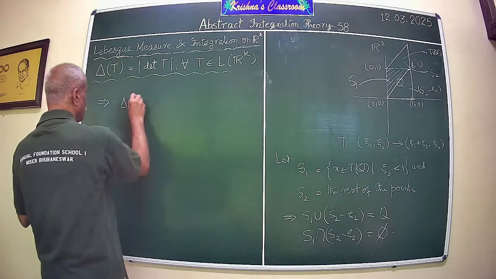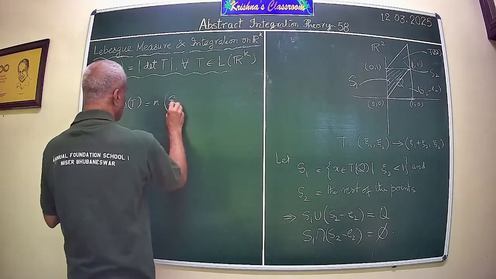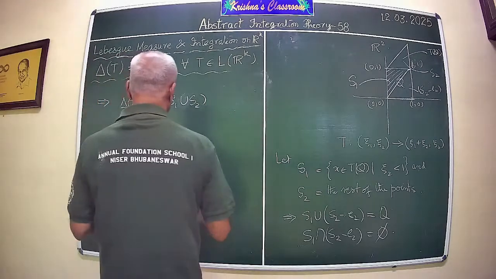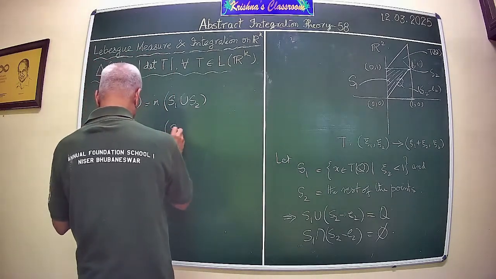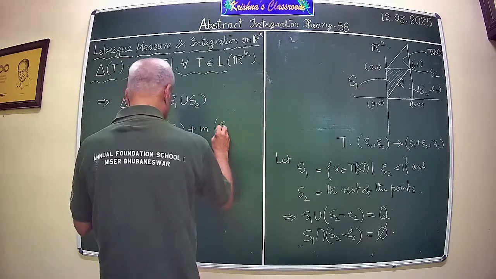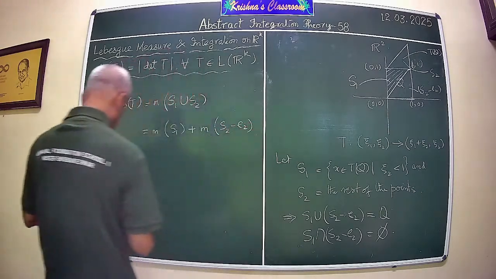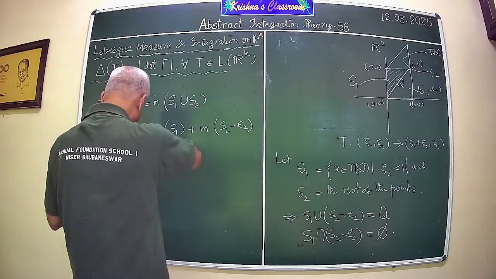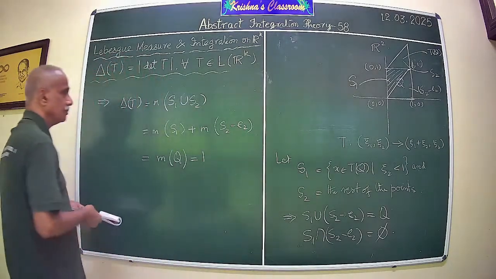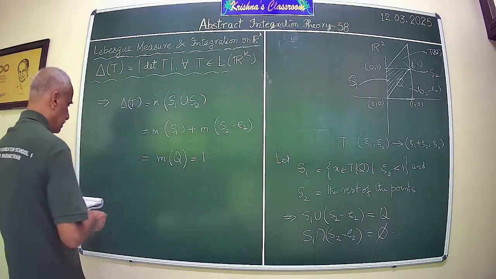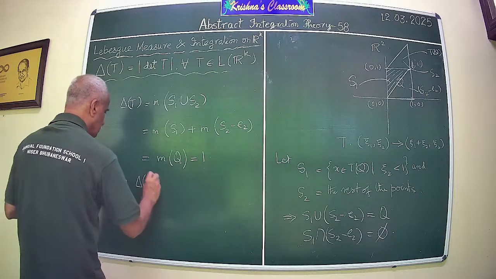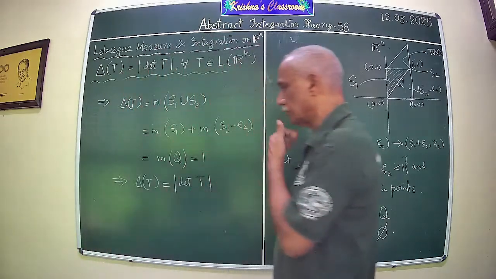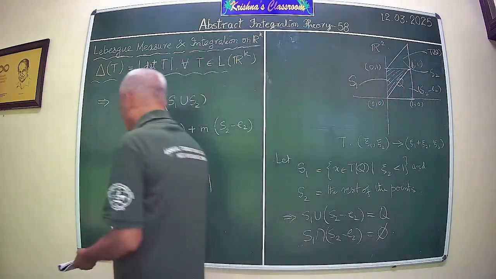Therefore, delta T equals the measure of TQ, which is equal to the measure of these two, and that is equal to the measure of Q, which is equal to 1. Therefore, what do you get now?